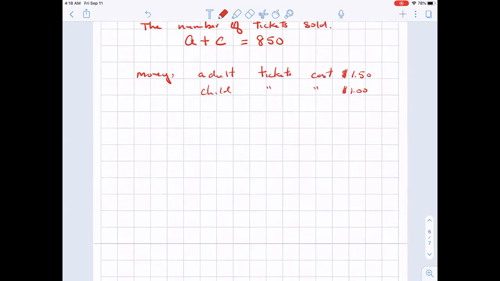So we don't know how many adult tickets we sold. So this becomes 1.50 times the amount of adult tickets plus 1.00 times the number of children tickets, which we call C. That brought in a total of $1,100. Okay?